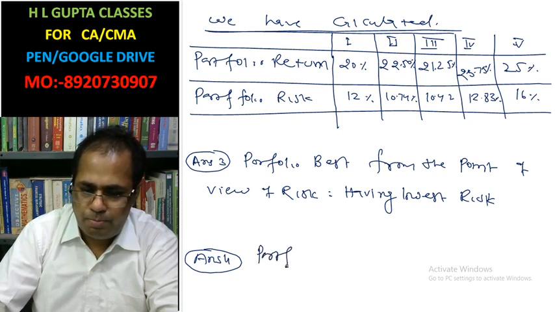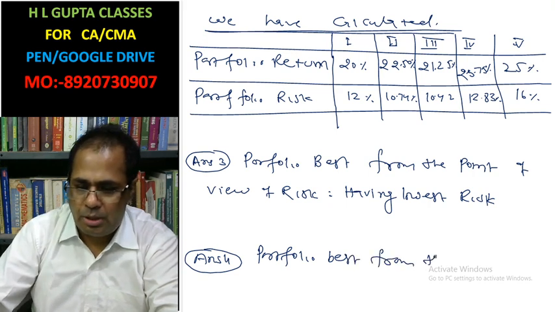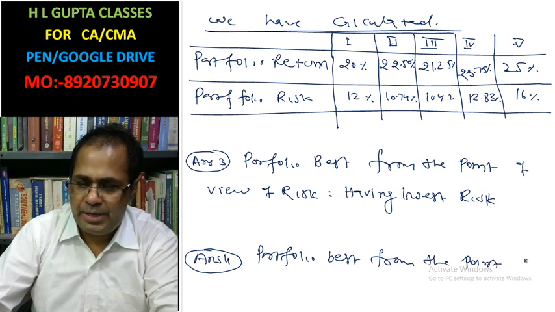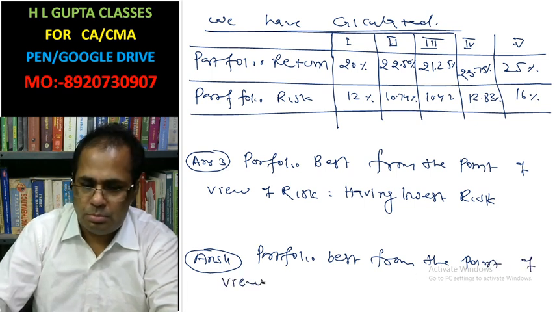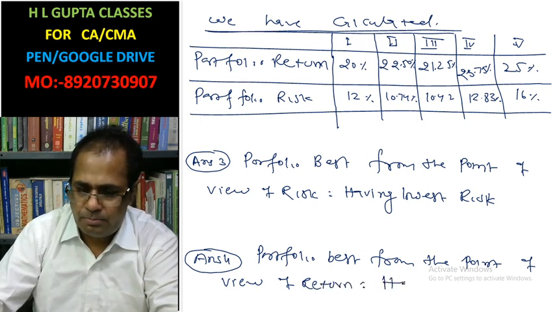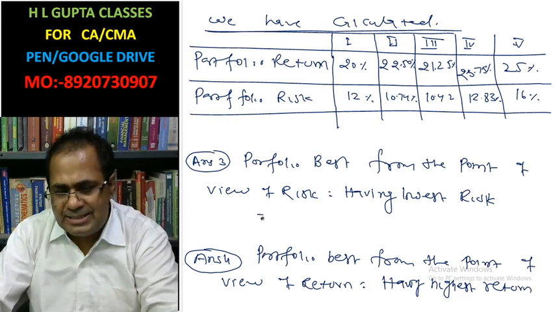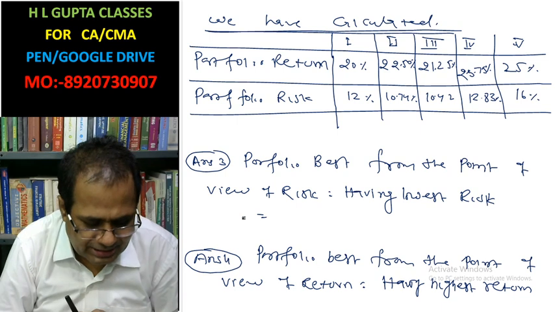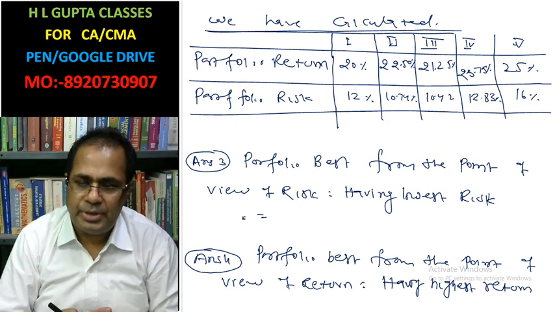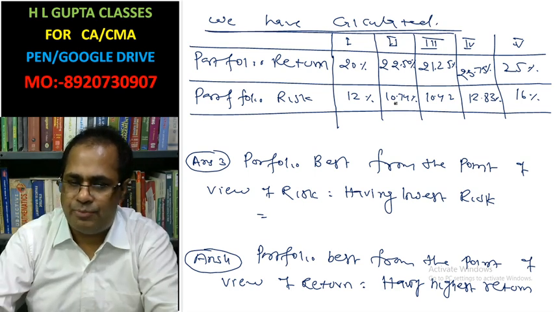Answer of the fourth part: the portfolio best from the point of view of return is the one having the highest return. In this case, which is the lowest risk?